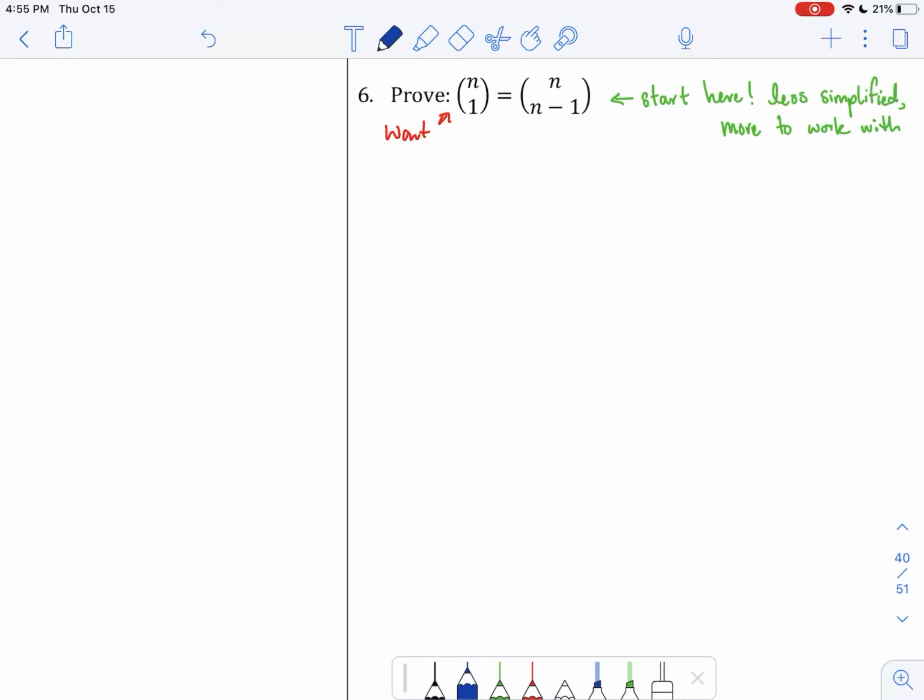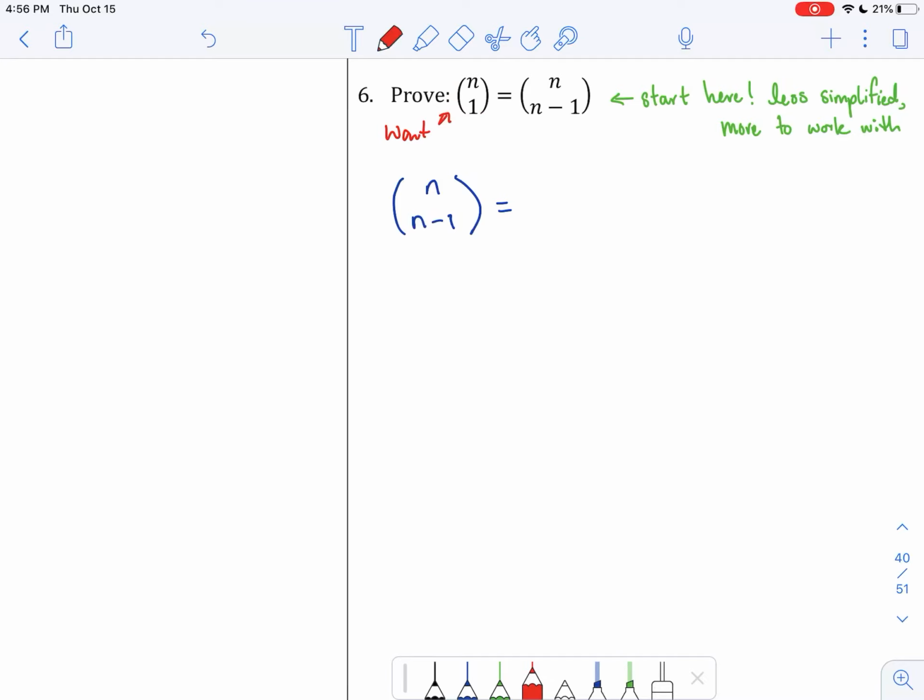So what I always recommend with these types of proofs is start with the less simplified one, the one with more terms, because then that means you have more to work with. So when I say start with that, I mean take that side, and we want to algebraically manipulate it so that it equals the thing we want.